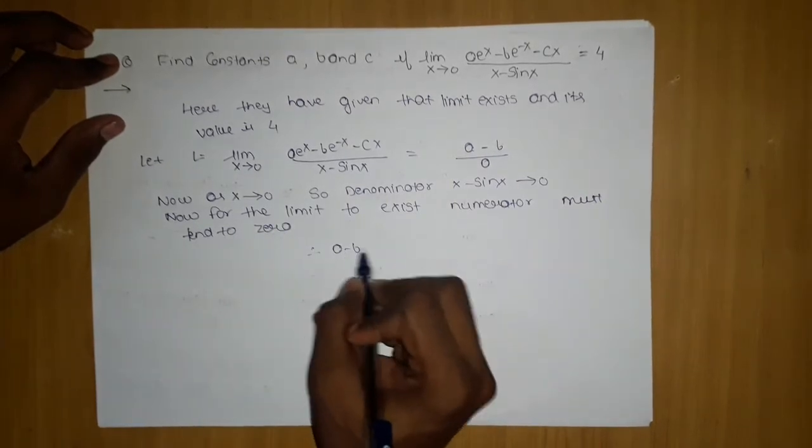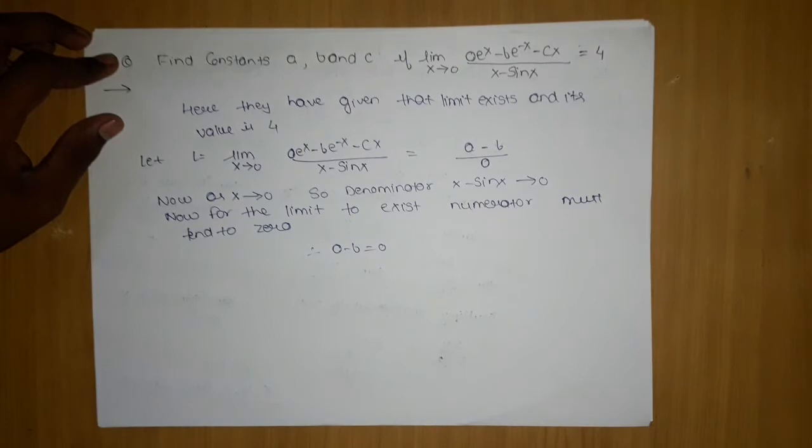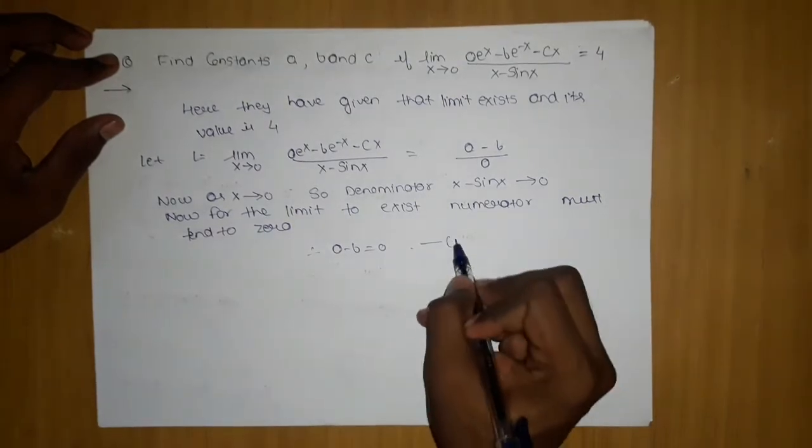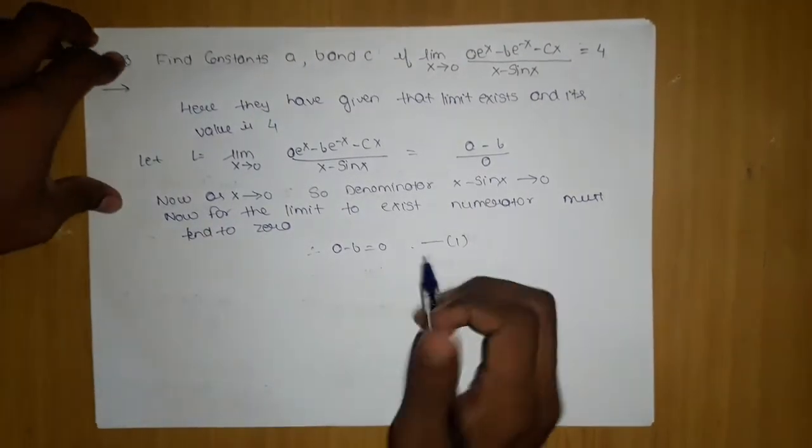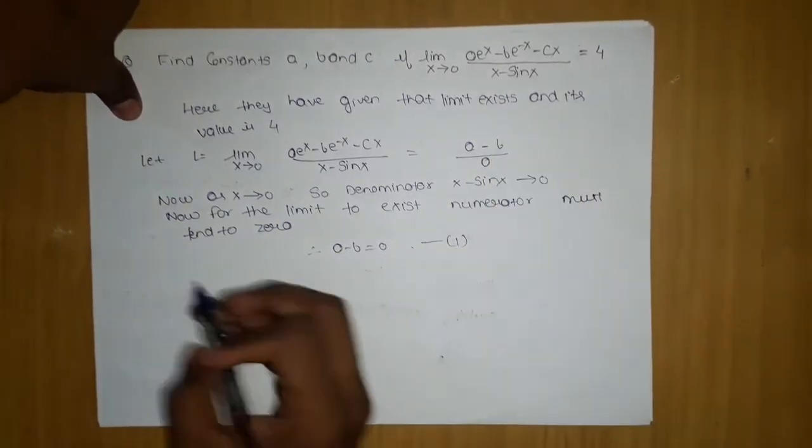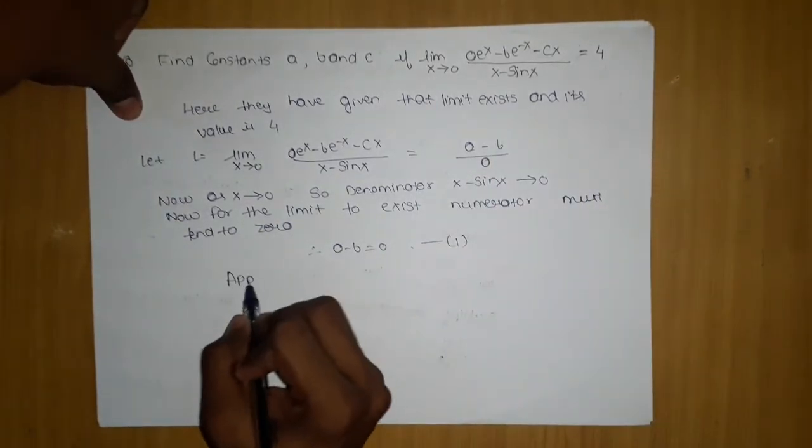Therefore a minus b should be equal to 0, giving me finally a equal to b. This is my first equation. Again, we have 0 by 0, so apply L'Hopital's rule.